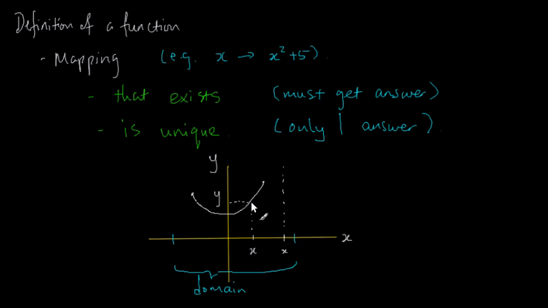Here there's a graph above it, so we can find a y. But here, there's nothing. So if this is the domain and this is the mapping, then there are certain values in the domain where the mapping does not exist. We can't get an answer. So this is our counterexample.